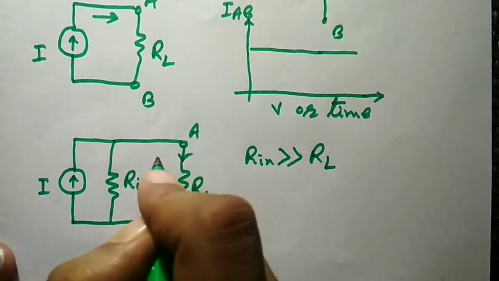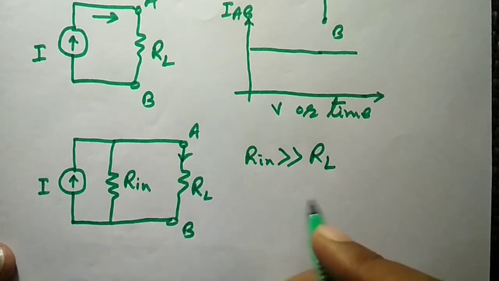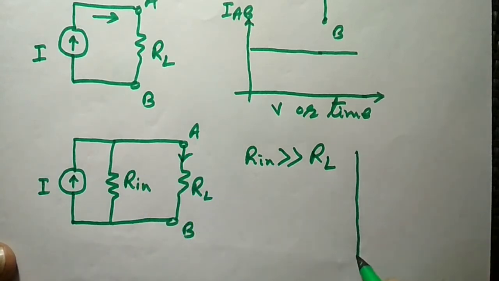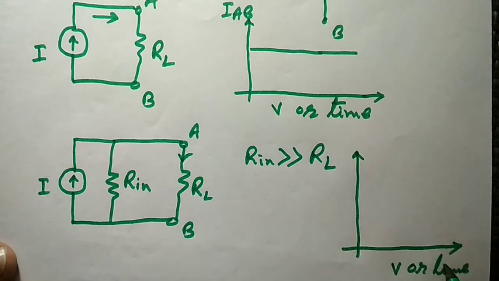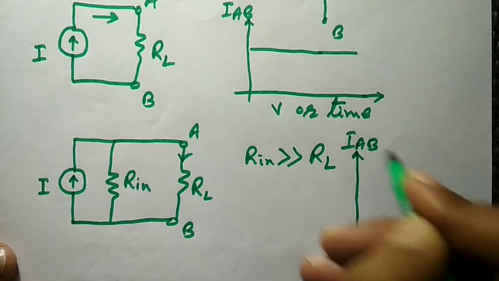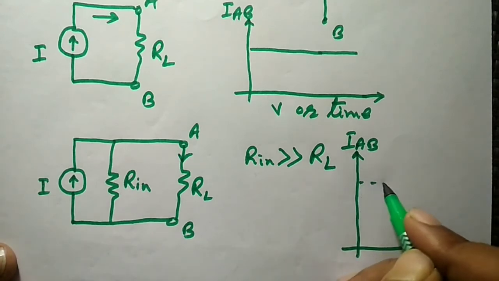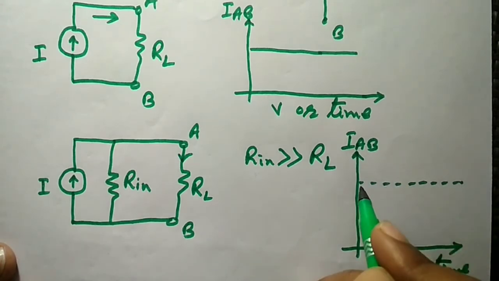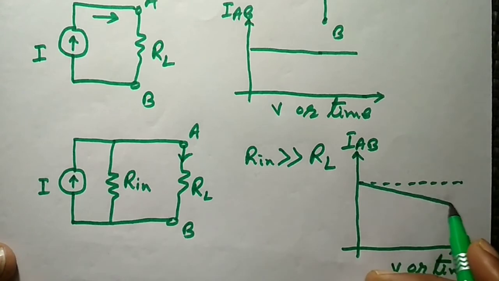So the current flowing through the load resistance can be represented with respect to the voltage across the load terminal or the time, and it can be represented as this.